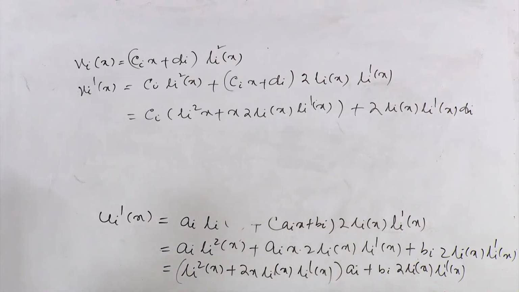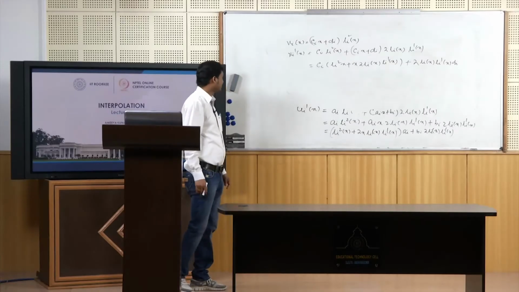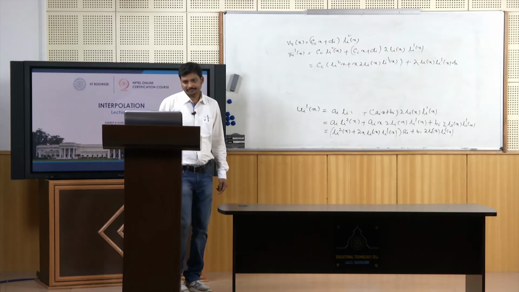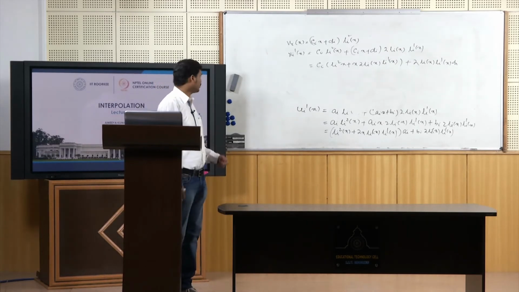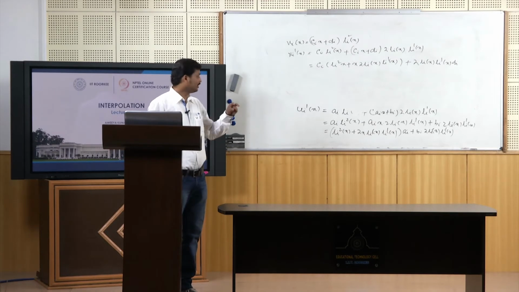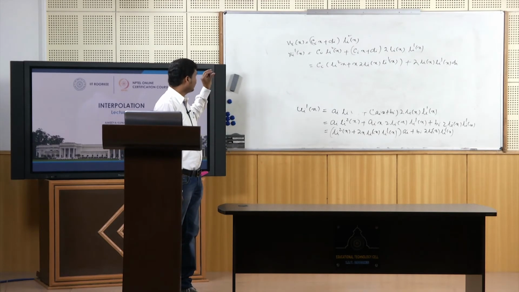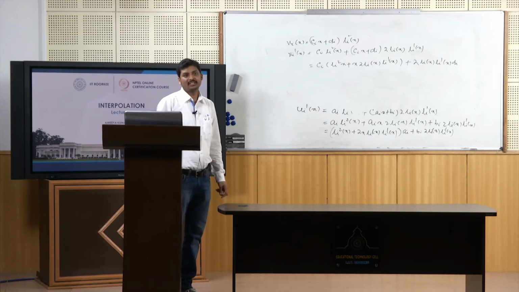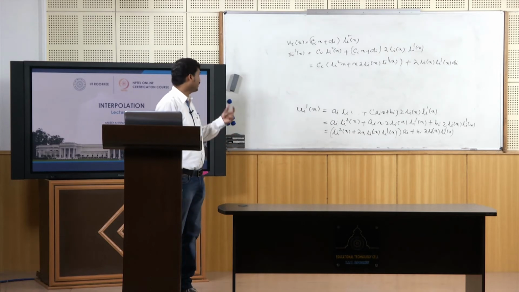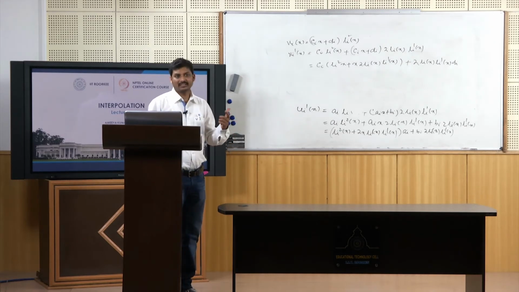So, if we put here x as xi, then we can eliminate this ci, di from both these equations, and we can get these coefficients in the form of either li of x or in the form of xi there.